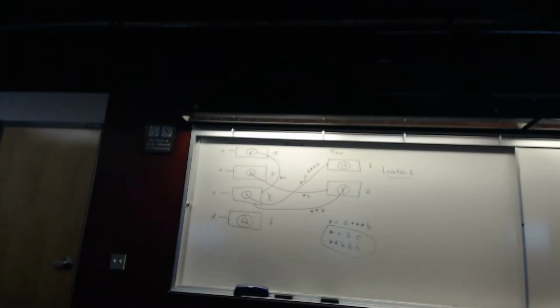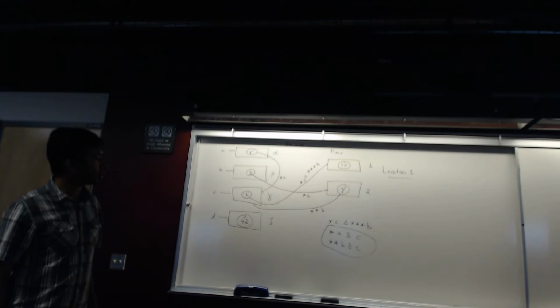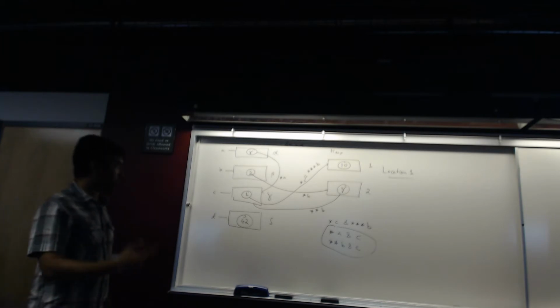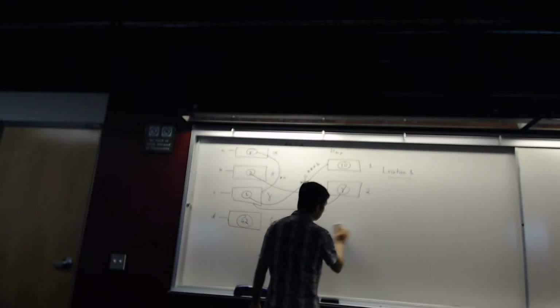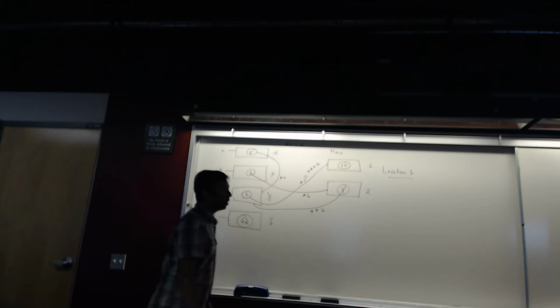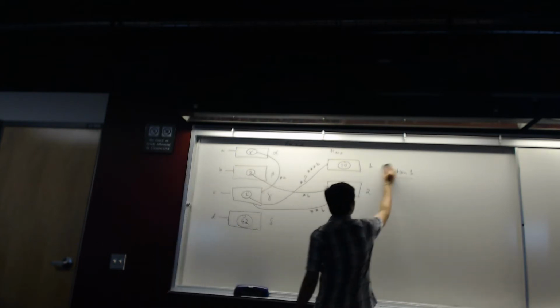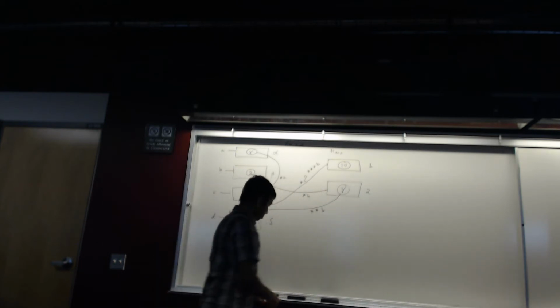Okay, so now we go to location 2. So there are a lot of things we need to do for location 2. So now we get star B as malloc. So we need another location. So we have to have another location.